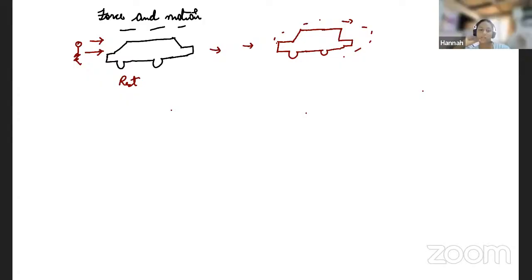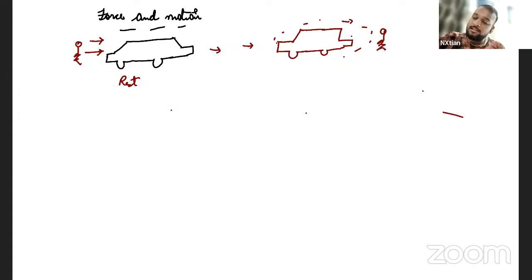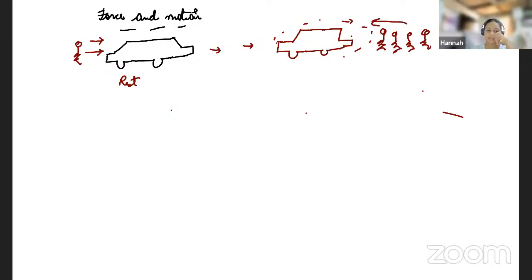Yes, pushing it from the opposite direction. We are all pushing it from opposite directions, with force in the opposite direction. So, for example, if this is the front part and the four bodybuilders are pushing in this direction, and if two are standing on the opposite side, then it is not fair.